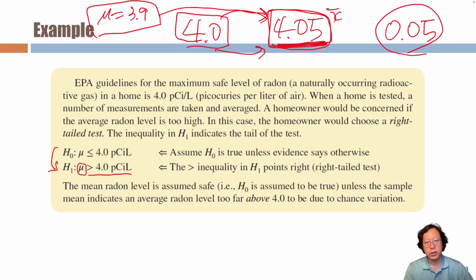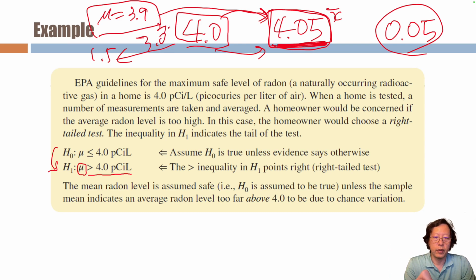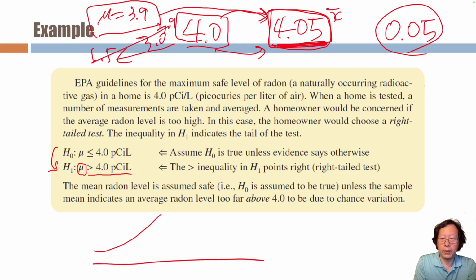Why do we call this one-sided? Because if it's smaller than 4.0, it doesn't matter. Even if it's 1.5, far away from 4.0, that doesn't matter, right? It's 3.0 or 3.9, all the same. So I don't care about the smaller side.